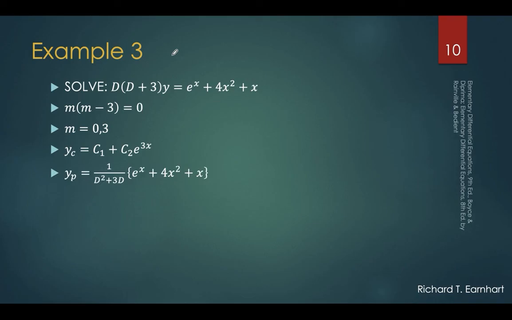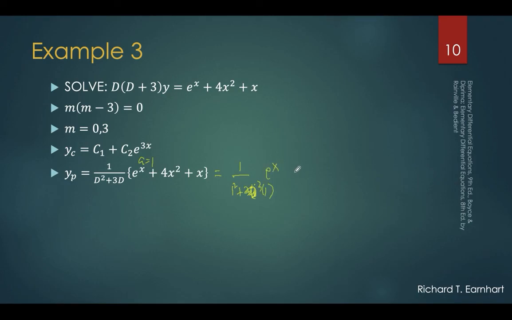And then for the inverse operator, we have 1 over D squared plus 3D. Okay, your a here is 1. So this just gives us 1 over 1 squared plus 3 times 1, e to the x.